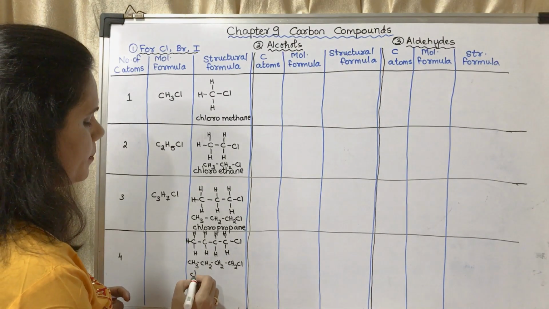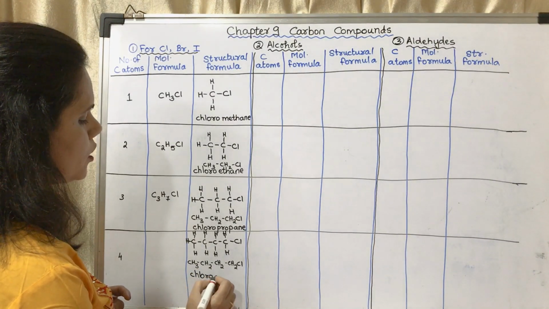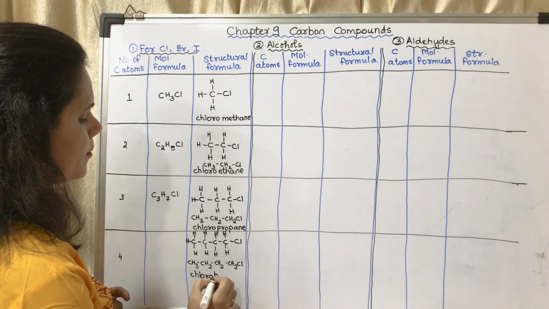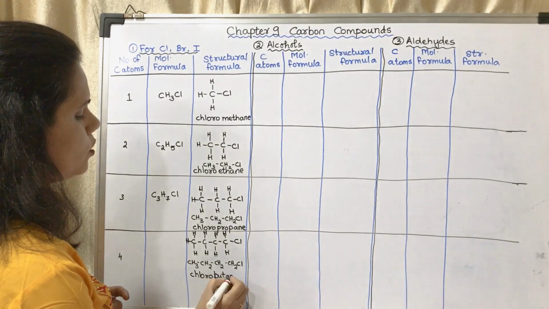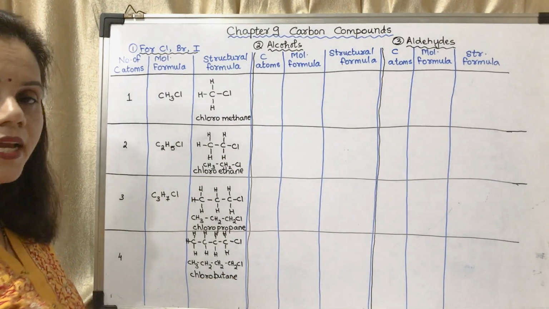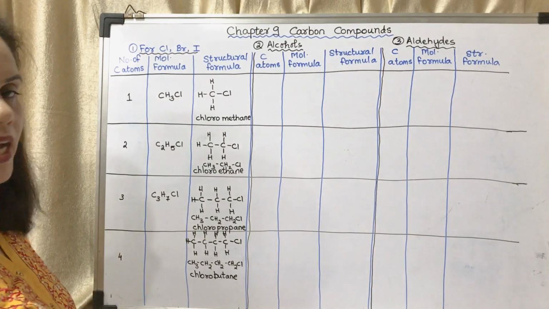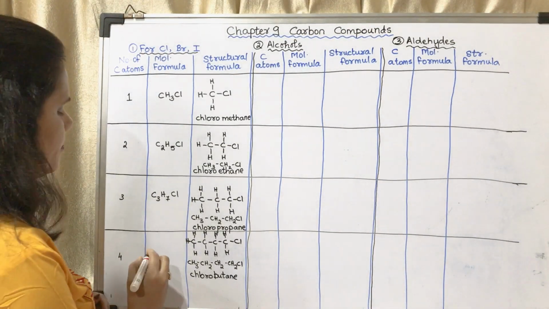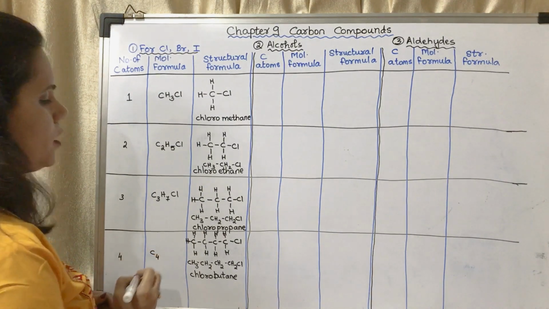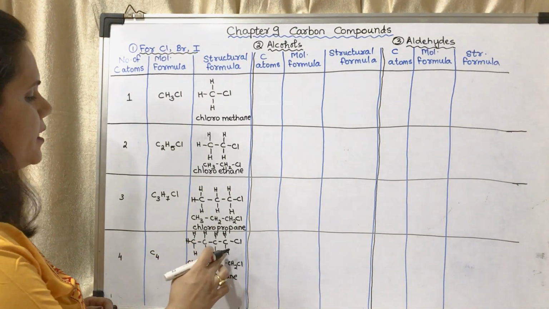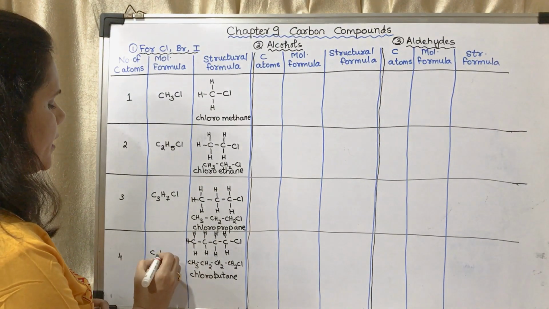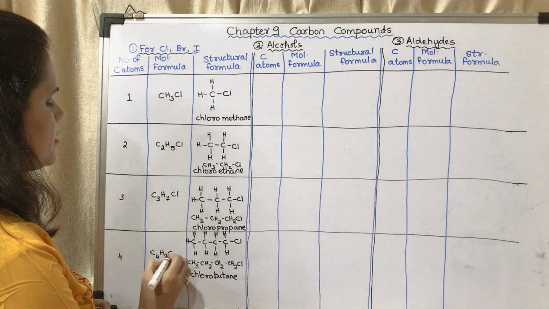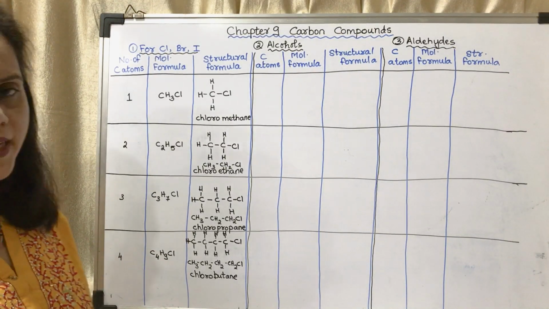What will be the name? The name will be chlorobutane. Why butane? Because it is having 4 carbon atoms. Now we may move on to the molecular formula. C4, and how many H are there? 9 H and 1 Cl. This will be the molecular formula.